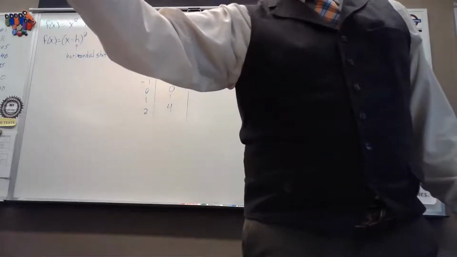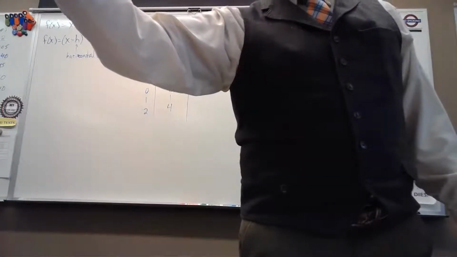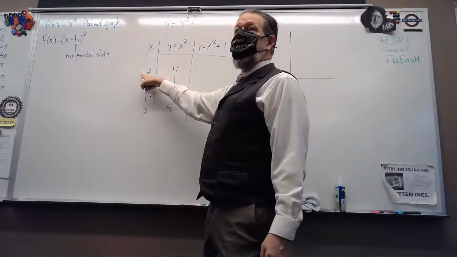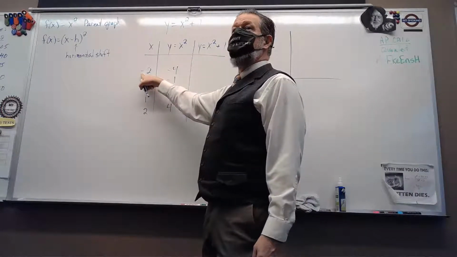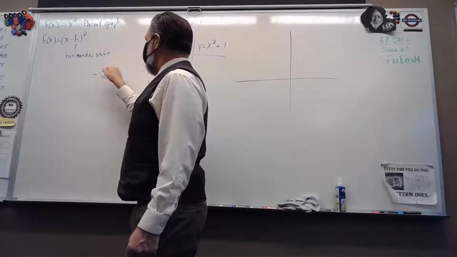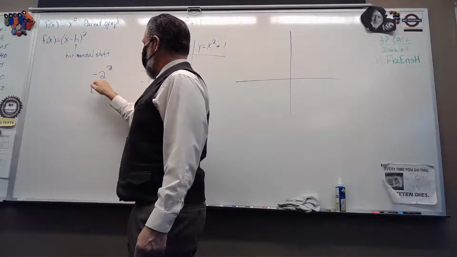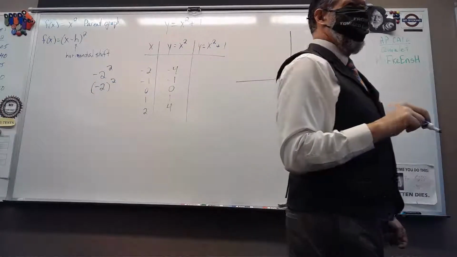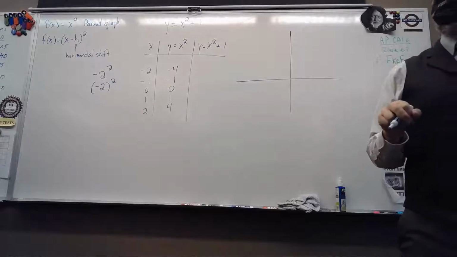Eduardo. If you multiply -2 by -2, oh, you made one of the classic math blunders. The difference between -2 squared and -2 squared. So this is big.